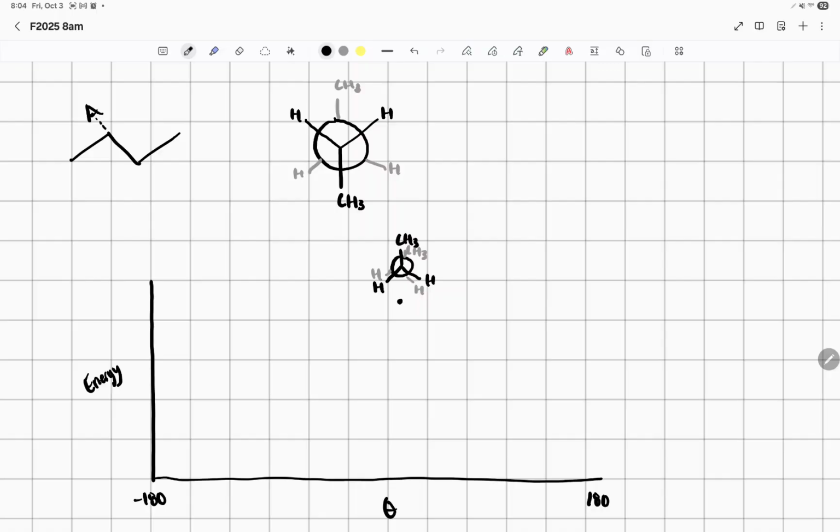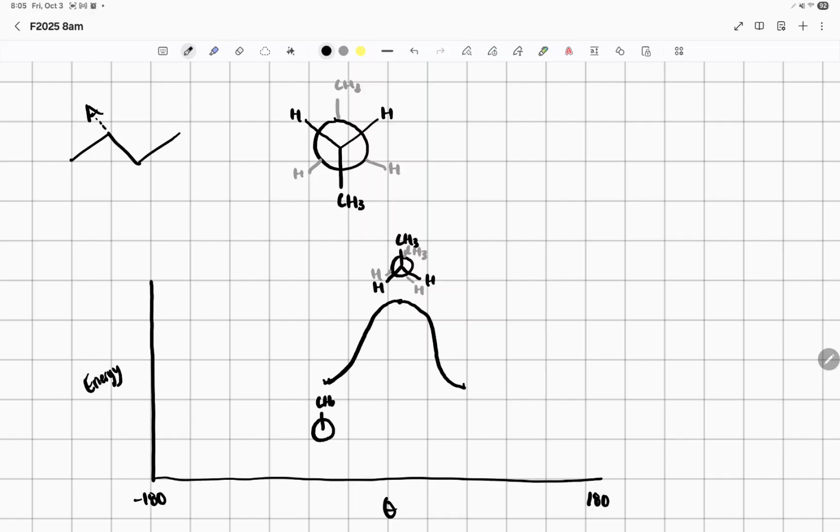Now, as we rotate out of that eclipsed position, as we move into a gauche position, and this molecule being symmetrical, it'll have symmetrical energies, whether you're going positive or negative in the rotation. At some minimum, you are going to be fully staggered.